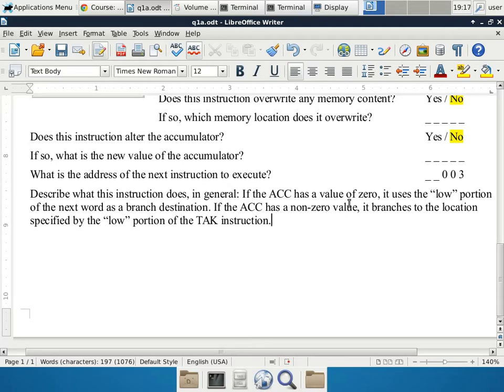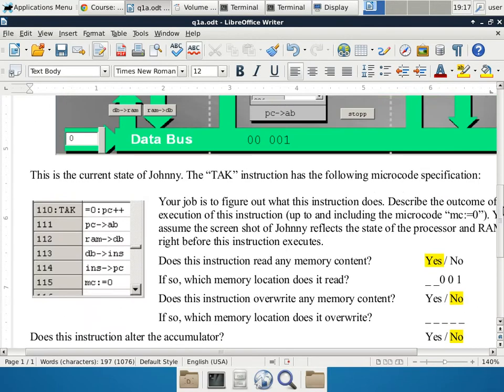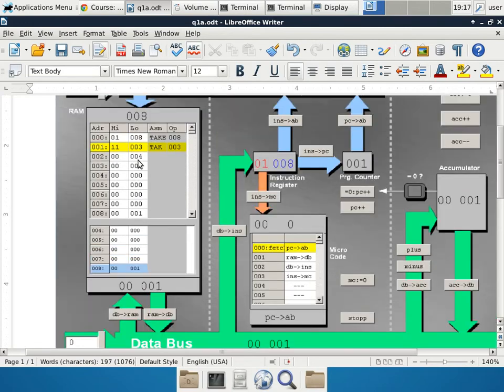What if the accumulator is 0? Then it will be the low portion of the word that is following the TAC instruction. In this case, it's 004, the one that's following. In other words, if location 8 has a value of 0, I would have loaded 0 into the accumulator. In that case, PC++ would have happened, so I'm loading the word from location 002, and I would have used 004 as my destination to branch to.